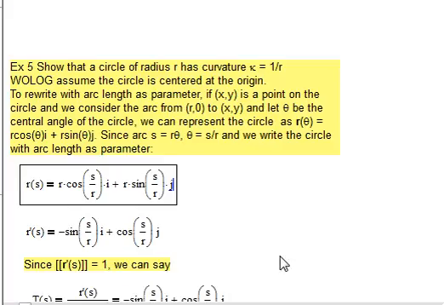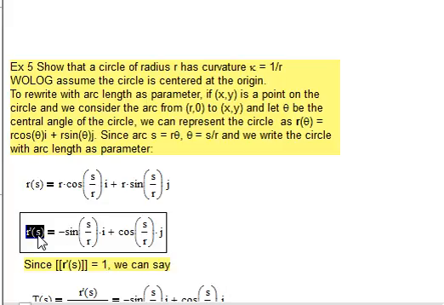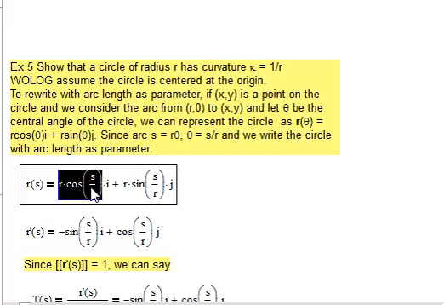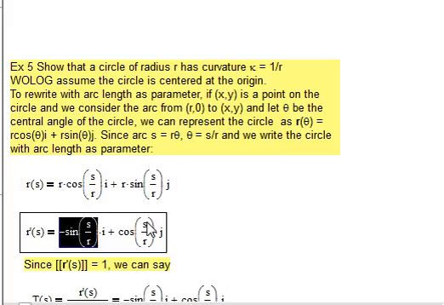And of course our r prime, this actually is kind of nice and simple. r prime of s is the derivative of this with respect to s, and 1 over r is a constant multiplier, so when we take the derivative of cosine of s over r, we get negative sine of s over r times the derivative of the inside function, which would be 1 over r, and that 1 over r and this r cancel out, so we get negative sine of s over r times i.